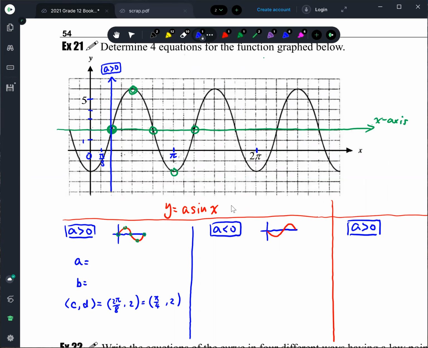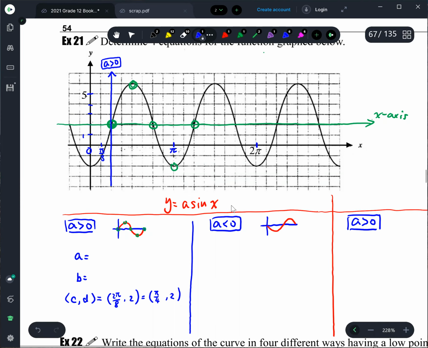Okay, A is amplitude. How long is the amplitude? Please raise your hand if you finish A and B. Is there anyone who has questions on how to get A and B? Let me know now.